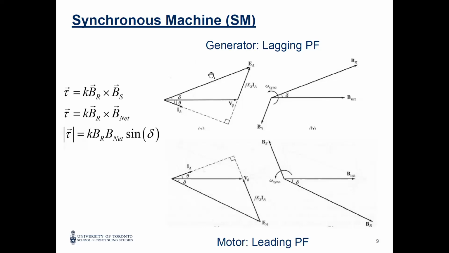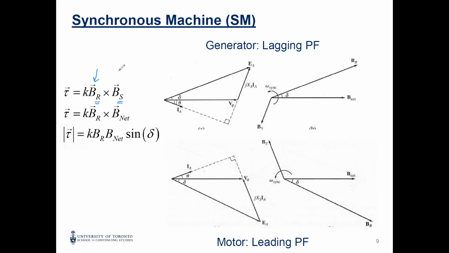So for this one, we are going to derive the torque. The torque in the synchronous machine is due to the resultant of the one from the rotor, R, and the one from the stator, S. The one from the rotor, as we said, includes the main flux.